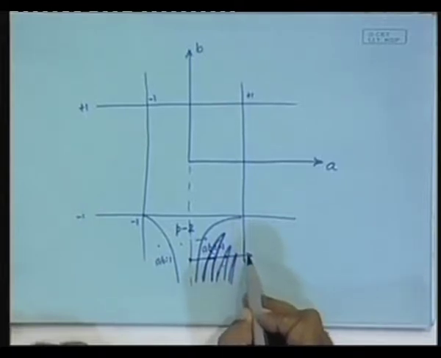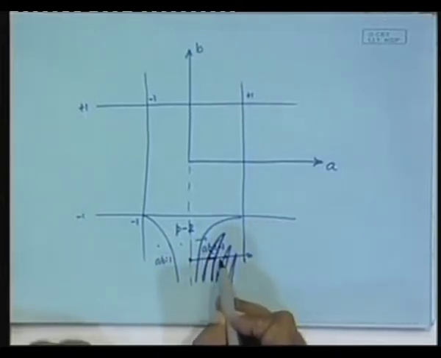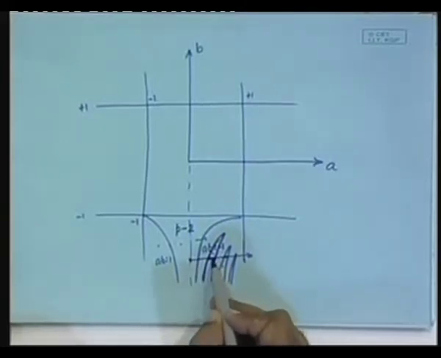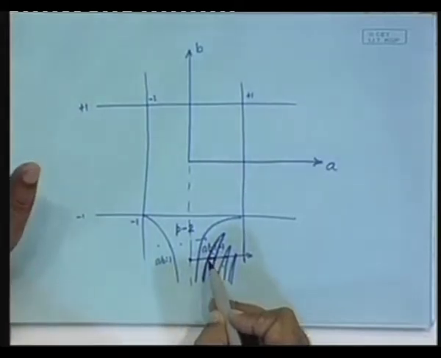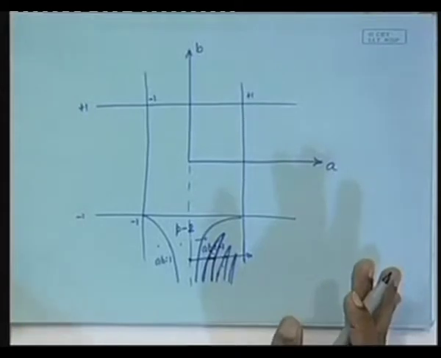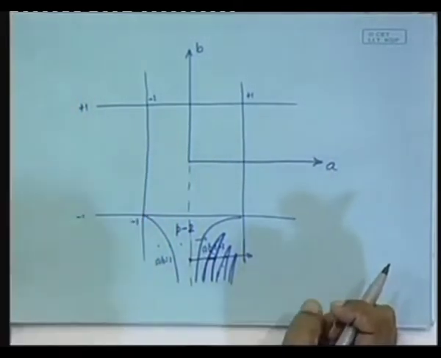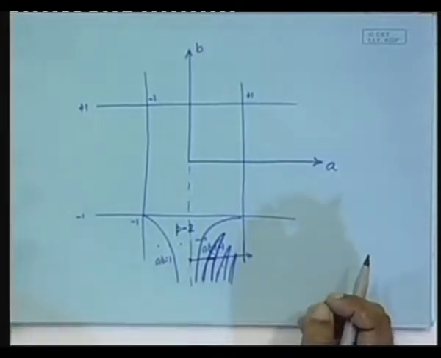And in between, if period 2 orbit is not there and period 3 orbit has not yet been born, so any other periodic orbit will not be there, but still the orbit will be contained, bounded, and therefore the only thing that can happen is a chaotic orbit.